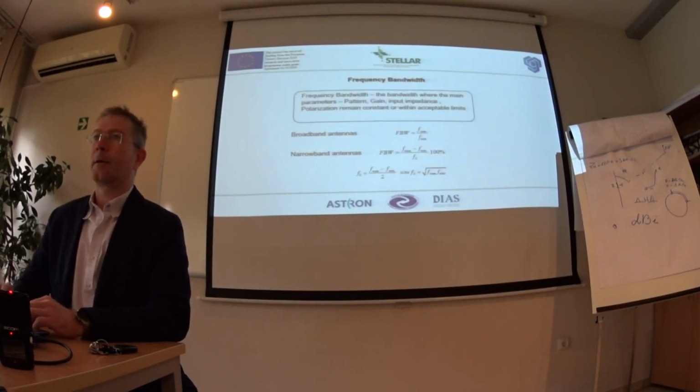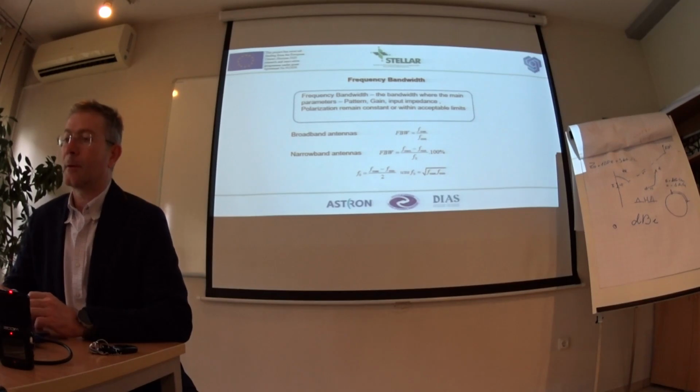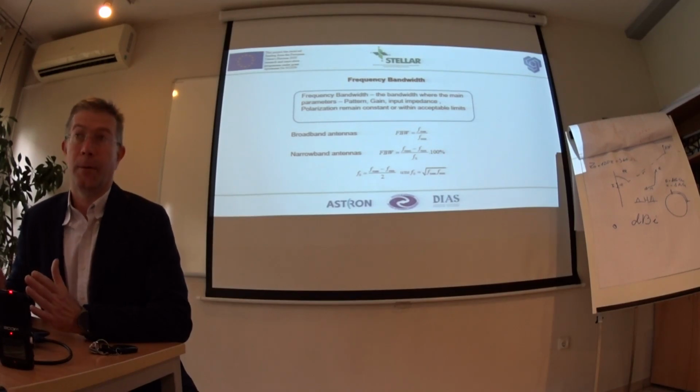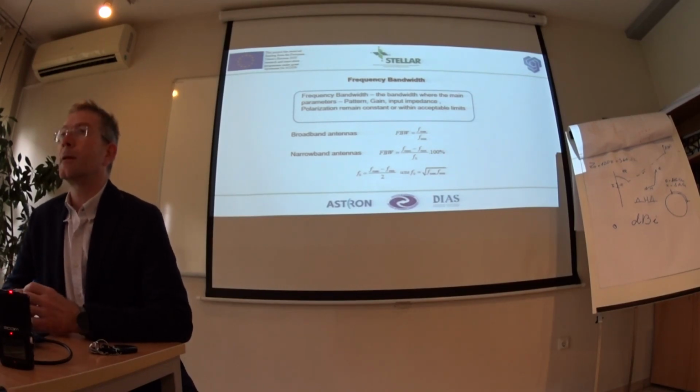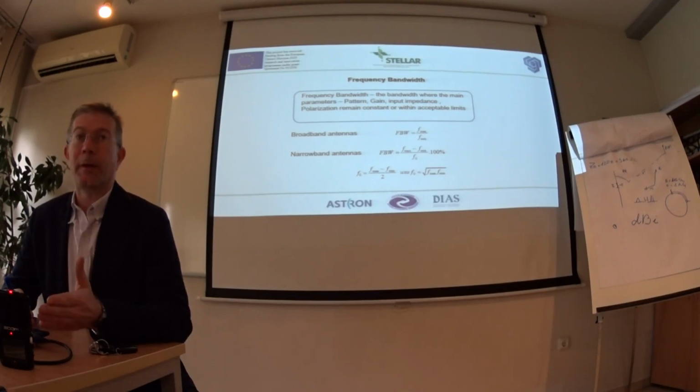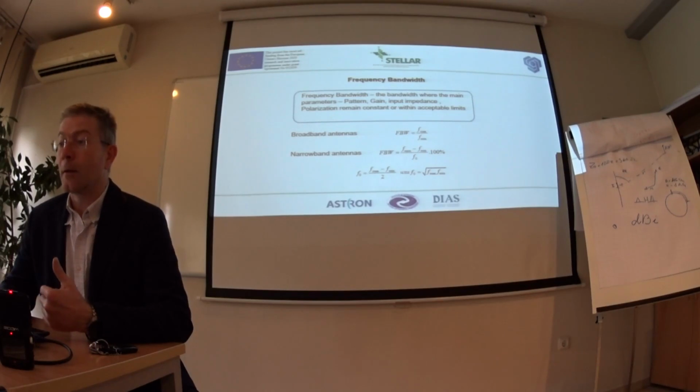Other parameters of the antenna, the bandwidth. Antenna bandwidth. This is important to know that with respect to other types of devices like filter or amplifier, here the bandwidth is something more complicated.